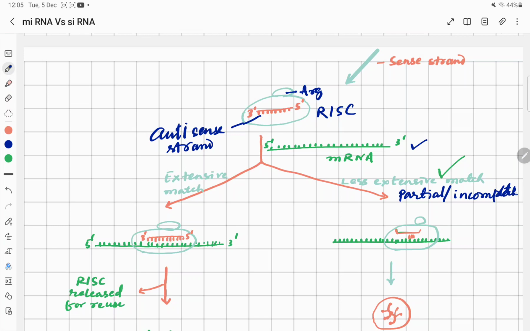So let us write incomplete base pairing.